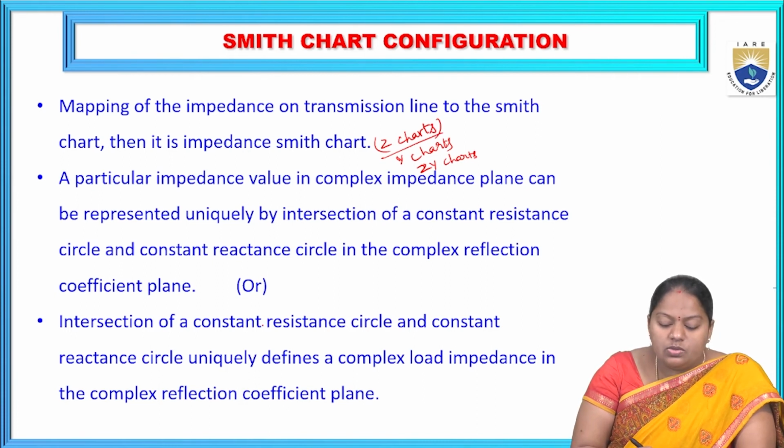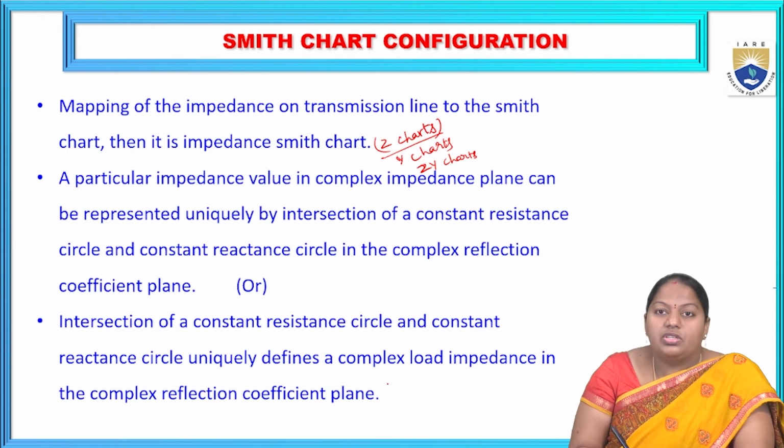A particular impedance value in the complex impedance plane can be represented uniquely by the intersection of a constant resistance circle and a constant reactance circle in the complex reflection coefficient plane.